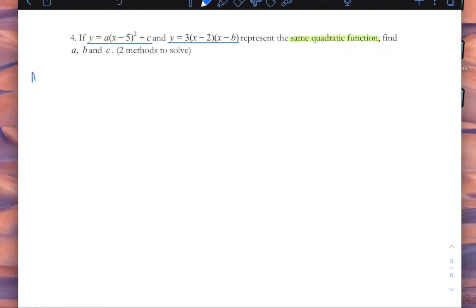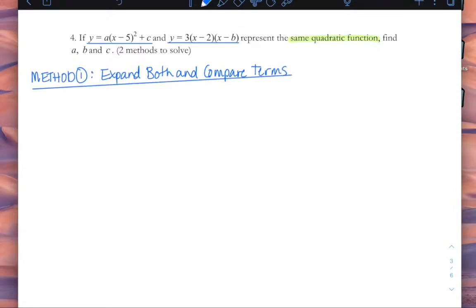I'm going to do this question two ways. Method 1 is what I want to describe as sort of the brute force method. What we can always do is expand both of them and compare terms. What does that mean, you ask? Well, let's do it, and you will see.